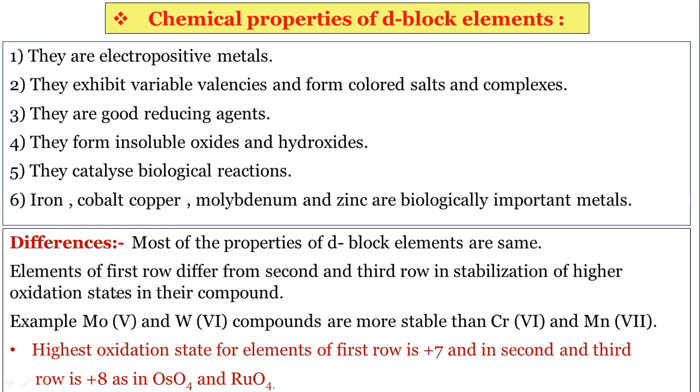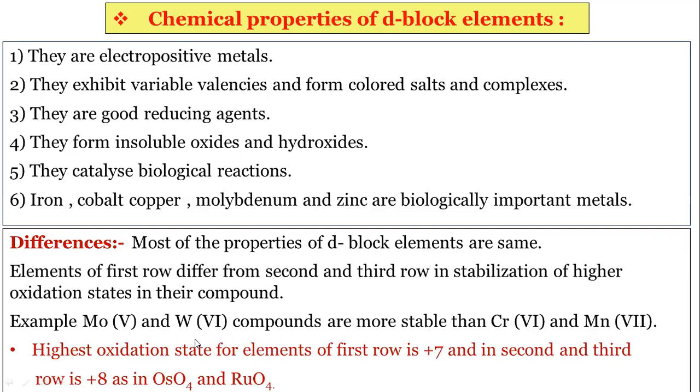Some differences are given. Most of the properties are the same, only the differences are given, meaning which properties are different. So remember, they differ in stability. Elements of the first row differ from the second row and third row in stabilization of higher oxidation state. Molybdenum plus 5 oxidation state and tungsten plus 6 oxidation state compounds are more stable.